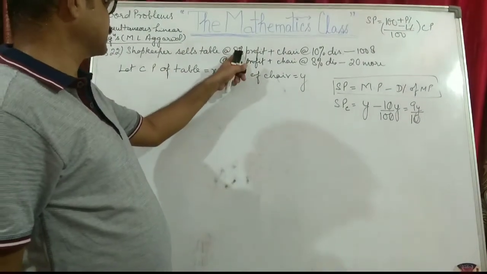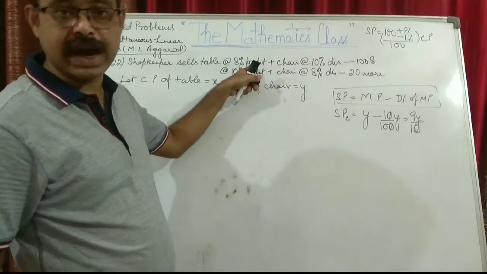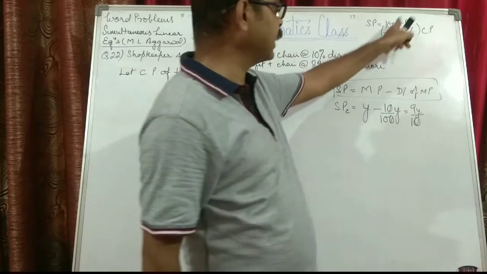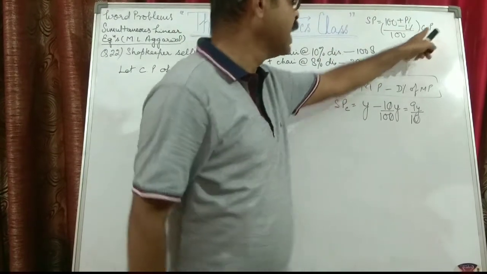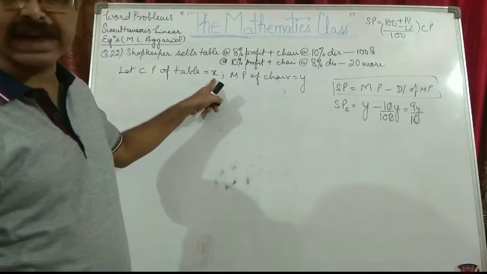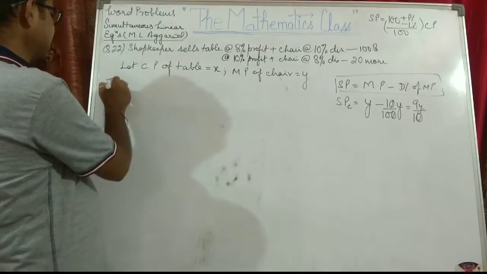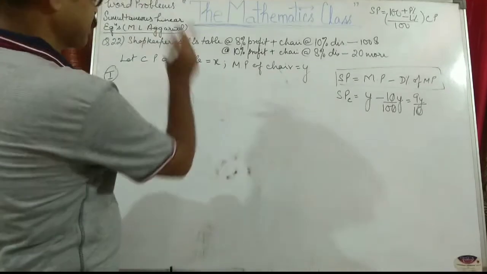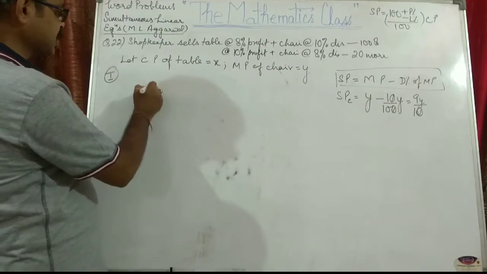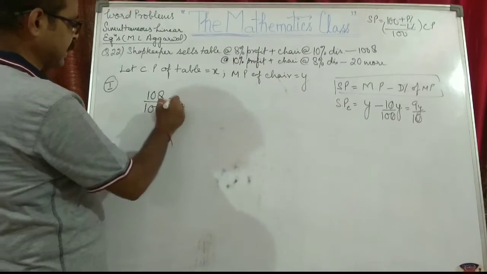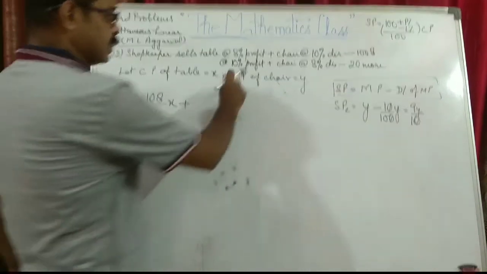Now shopkeeper is selling the table in the first case at 8% profit, means 100 plus 8 upon 100, and CP we have assumed as X. So selling price of table becomes, in first case, 108 upon 100x plus chair.